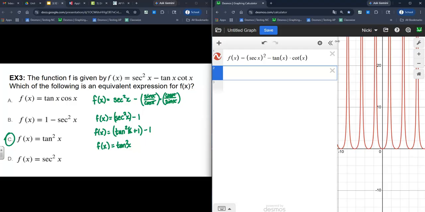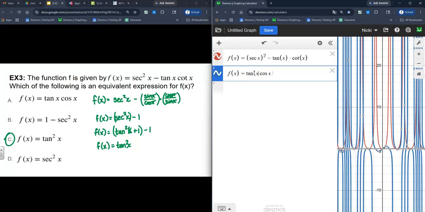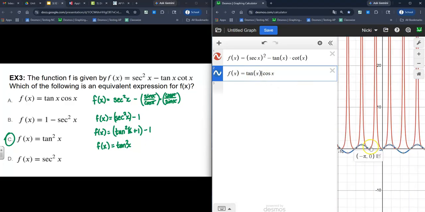So if I graph the other one, f of x equals tangent x cosine x, it does not like it if I don't put the parentheses around this right here. Not the same graph at all, right? But if I graph the one that's actually the answer, you see they're exactly the same graph.